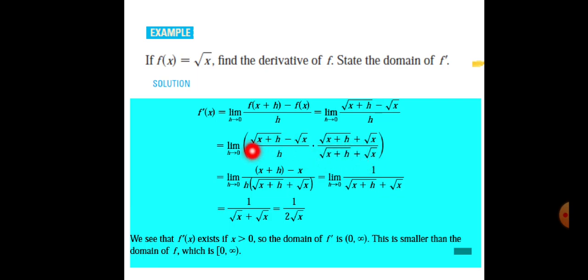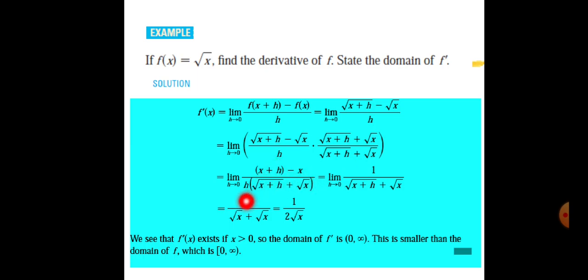The conjugate here is root of x plus h plus root x, and multiply the conjugate down as well: root of x plus h plus root x. The first root times the first root, so the root will be deleted, so we have x plus h. Root x times root x equals x.